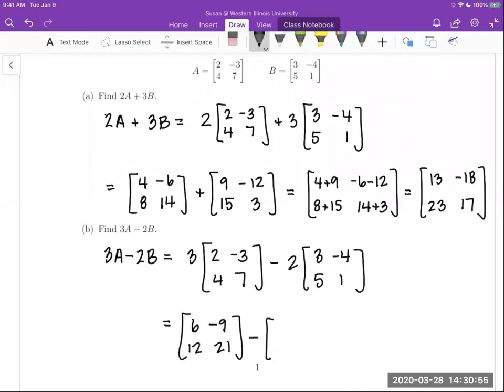And minus 6, negative 8, 10, 2. And so now I'm just going to subtract each entry pairwise. So I'm going to get 0, negative 1, 2, and 19. All right, so those are just two quick examples of working with both scalar multiples of matrices as well as addition and subtraction of two matrices.